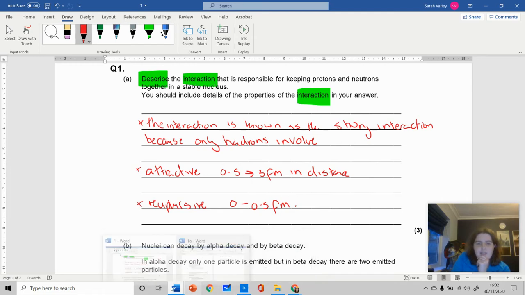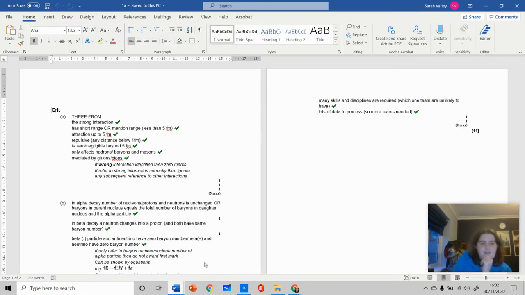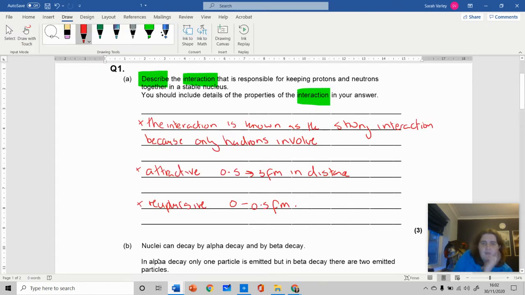If you look at the mark scheme, anything less than 5 femtometers, okay? So 0.5 to 3 femtometers, and it's repulsive from 0 to 0.5 femtometers. So that actually would have got me, if I had mentioned that only hadrons were involved, these are worth 3 marks. But of course, you could have mentioned what the strong interaction's exchange particle was. It is a pion, okay, or a gluon, and things like that.